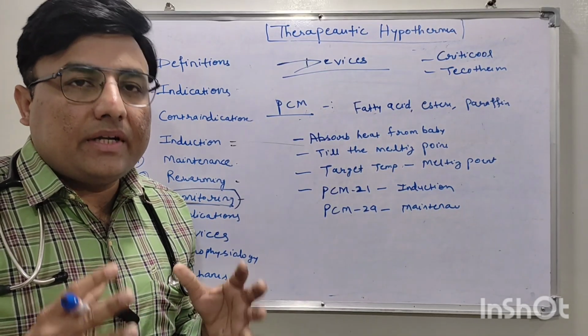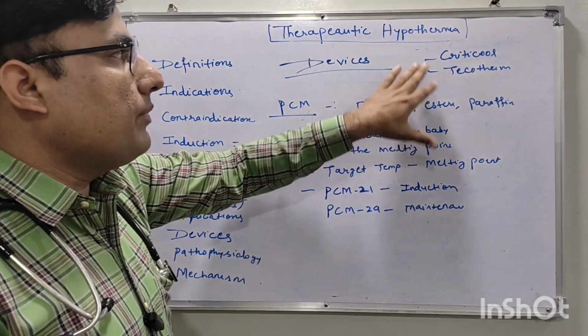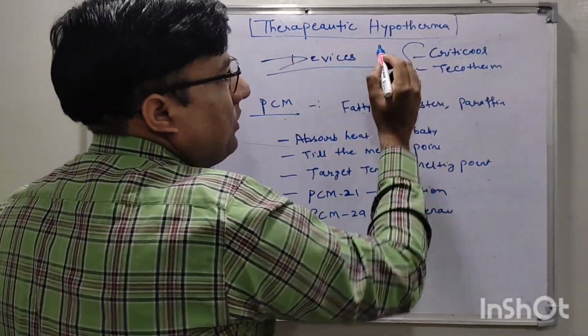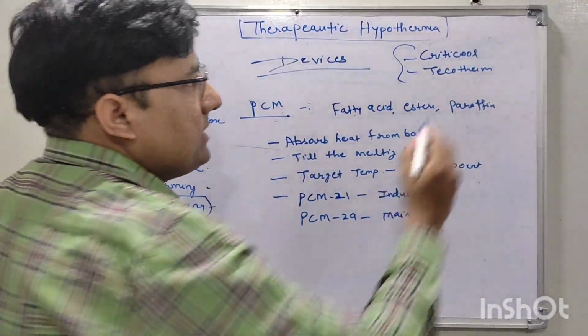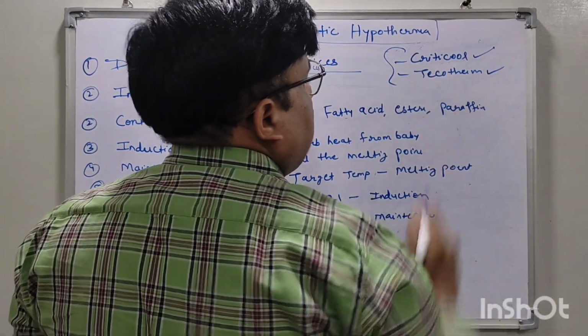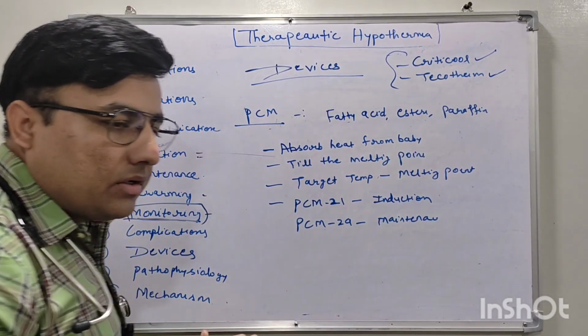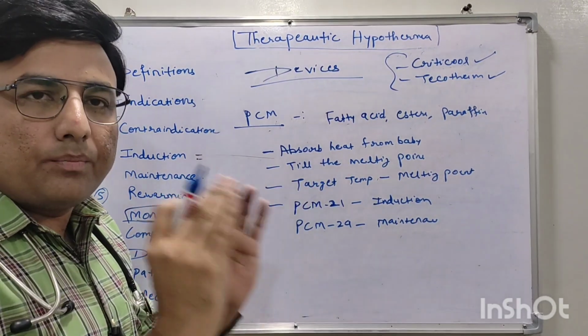Next, what are the different devices available for therapeutic hypothermia? Two types of devices are available. One is completely servo controlled, completely automated devices. Criticool and Tecotherm are most commonly used in India. These are completely servo controlled, which means the induction phase is also completely automatic.